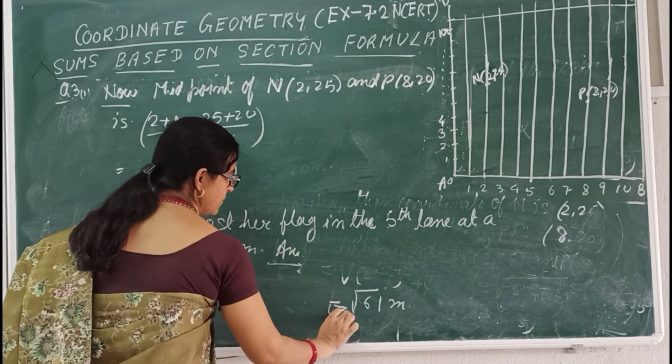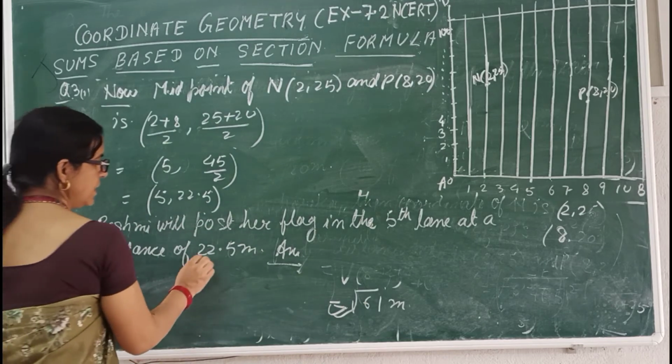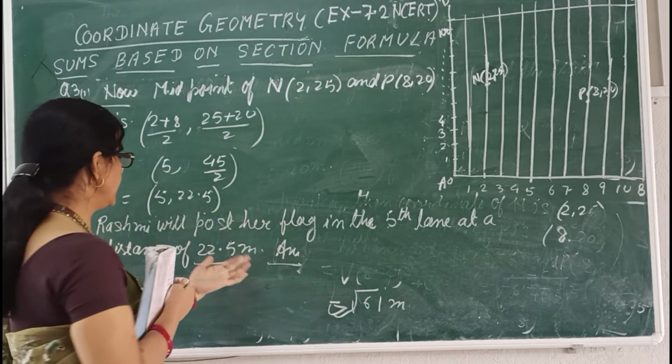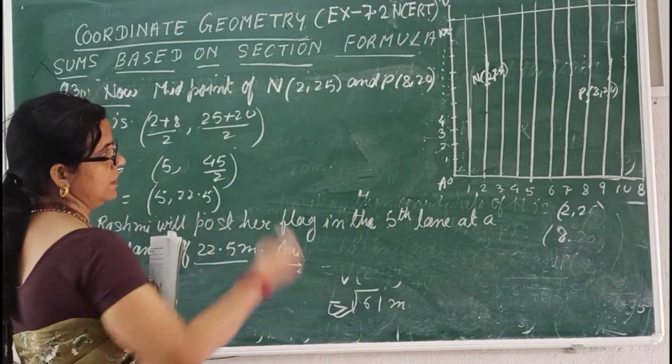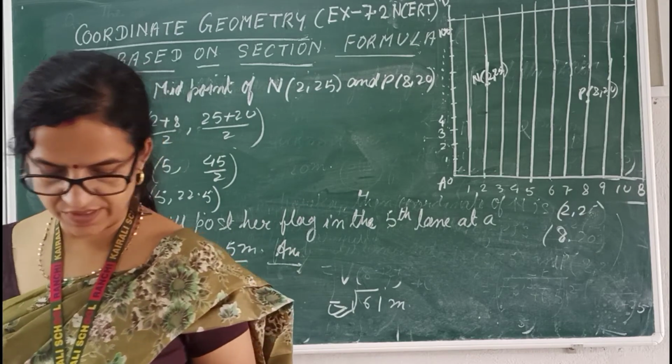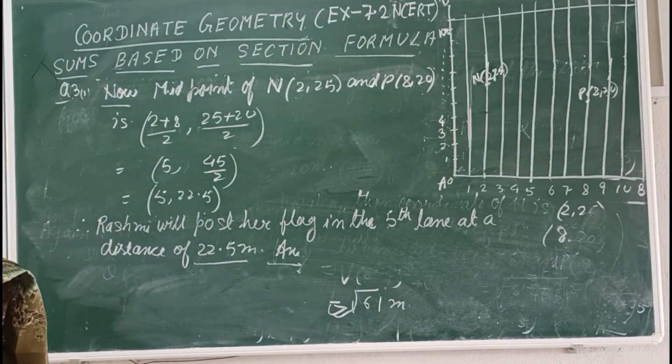So the first part answer is 61 meters, and the second part answer is 5th lane and 22.5 meters above. So this is the solution of question number 3. Let us move to question number 4 now.